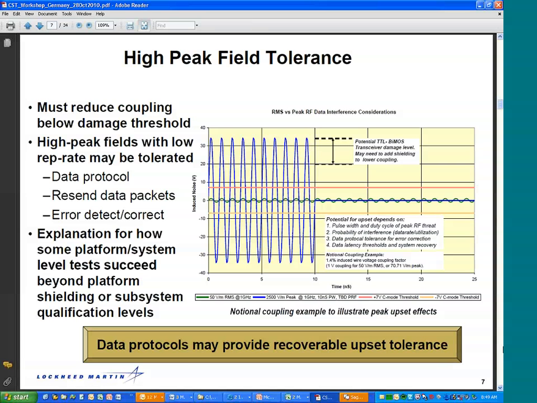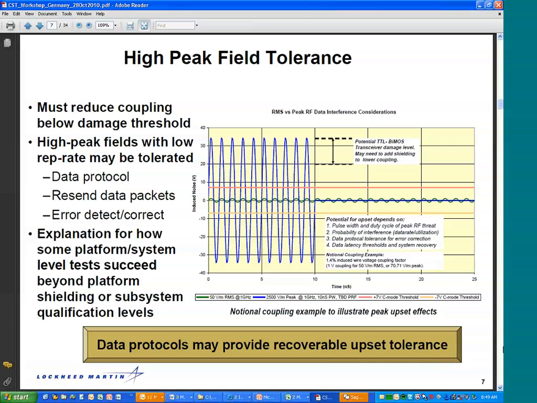Your software and how your system is architected can help you deal with these transients. In the case of lightning, transients can be very persistent, and you would probably need to introduce shielding in the interface and differential balanced types of circuits, so that you can get the coupling down below a common mode rejection level for a particular device, such as EIA 485, where you get your plus or minus 7 volts.